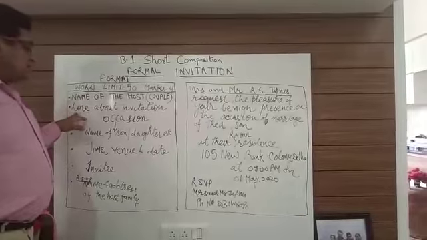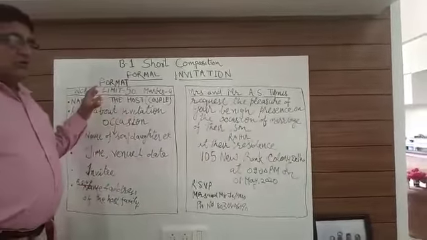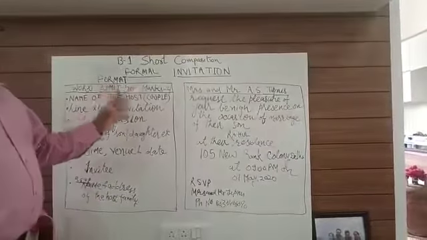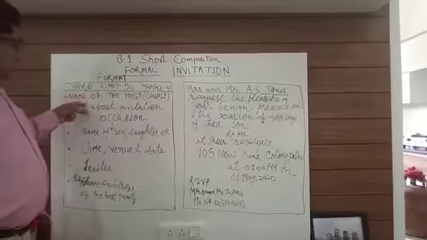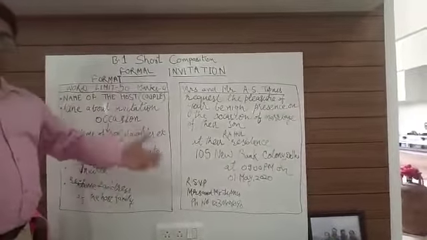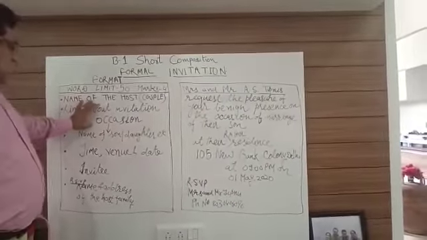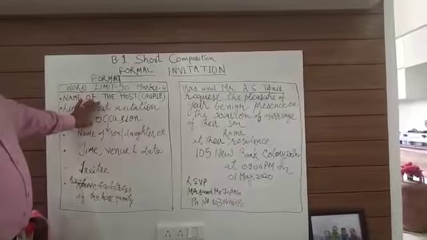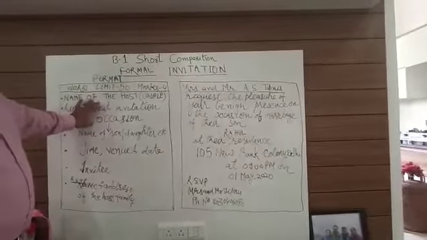Now the second line is about the invitation. As I have told you, the students, staff, principal and the school management of Delhi Public School invite you. Now this line is about the occasion: invite you to the 5th annual day celebration of the school. Here this line is about the invitation and the occasion on which somebody or the people are being invited.